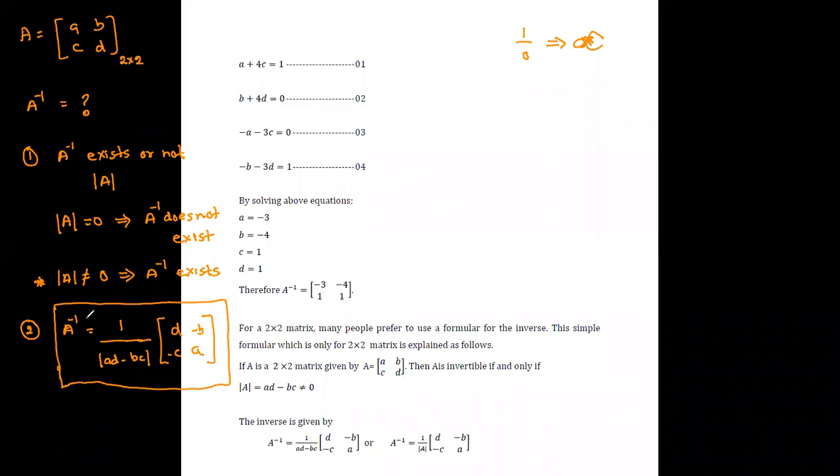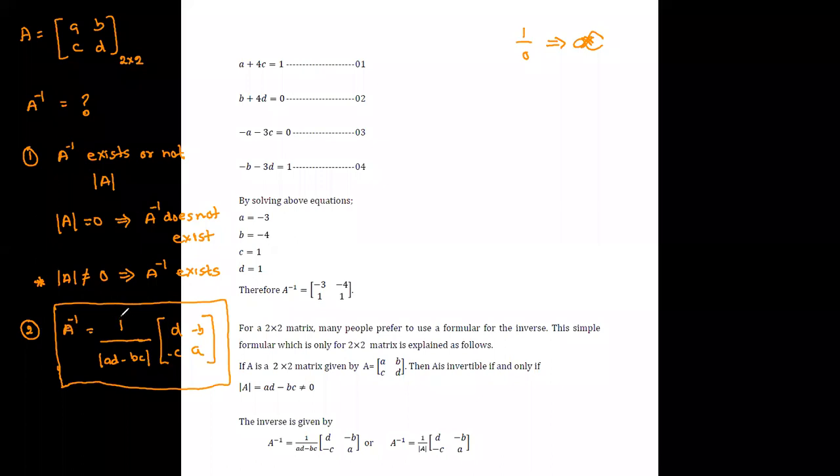That is why if the determinant of A does not equal 0, we say that A inverse exists. Therefore, first you need to find out whether A inverse exists or not.